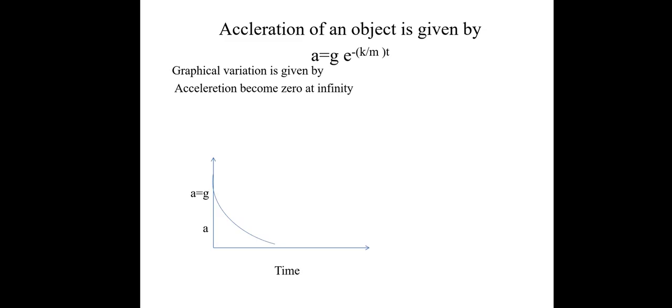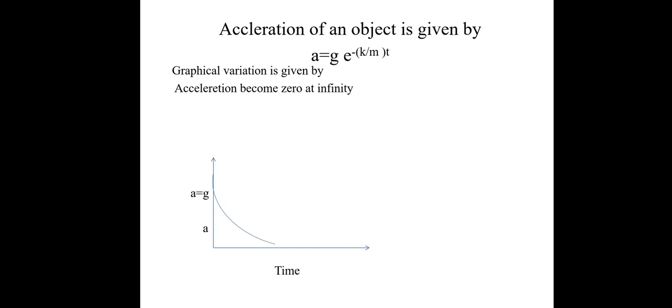Next, we will go to the acceleration of an object. We know that acceleration is nothing but the rate of change of velocity. It is already derived that a equal to g into e power minus k by m t. The graphical variation is represented as shown in the diagram.